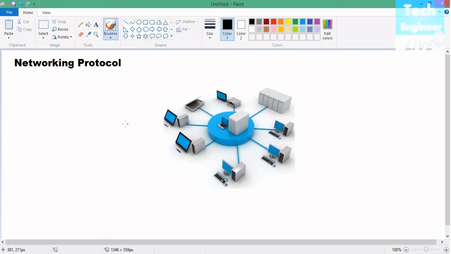Two computers, when they communicate with each other, need a platform, a similar situation, so that they are able to communicate.